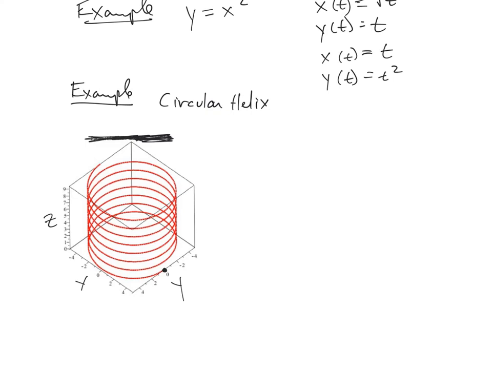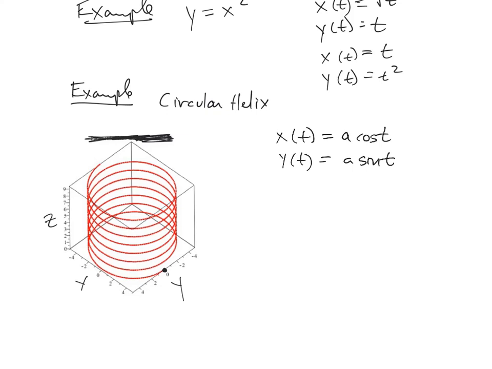It's just a circle, right? So maybe we can use x of t equal to a cos t again, and y of t equal to a sine t. Maybe we can use those again, in which case the radius of that helix in the xy plane has to be a, right? Okay, we can maybe do that again.